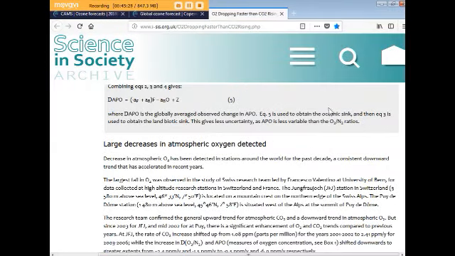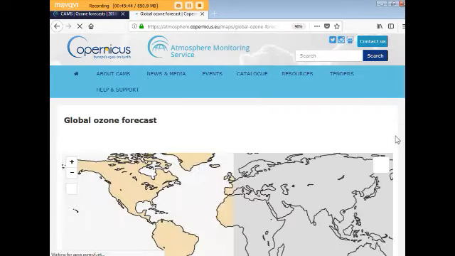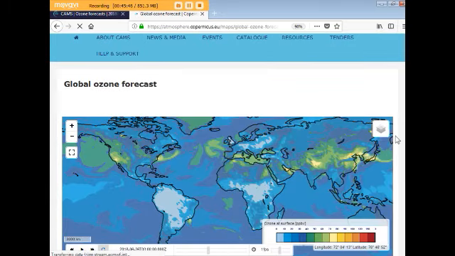So the way I see it is we're suffocating, oxygen levels are going down day by day. The ozone layer is being depleted. The bad ozone is increasing around the world. Carbon dioxide is increasing.